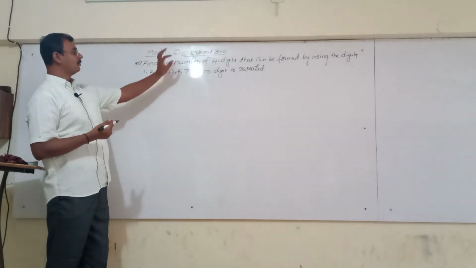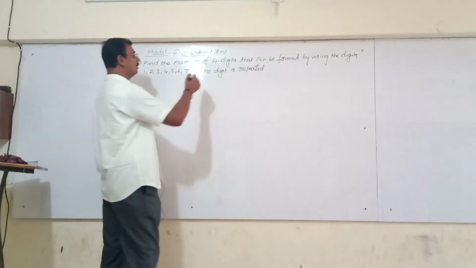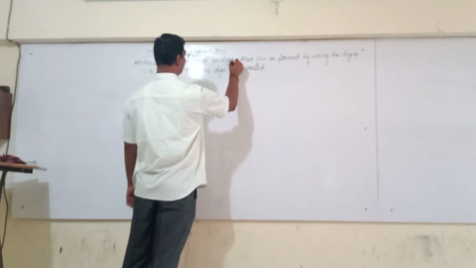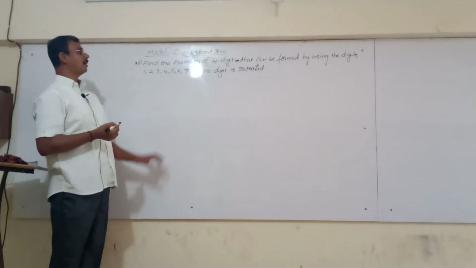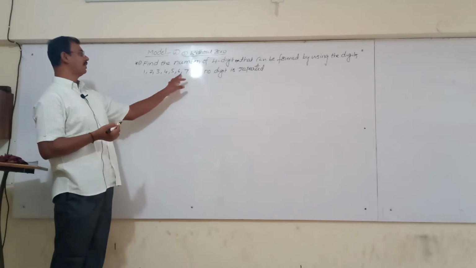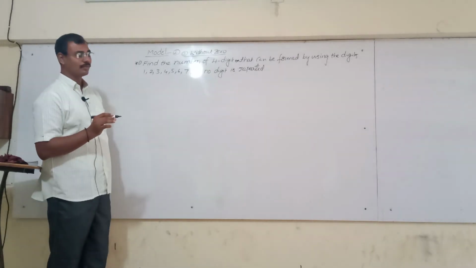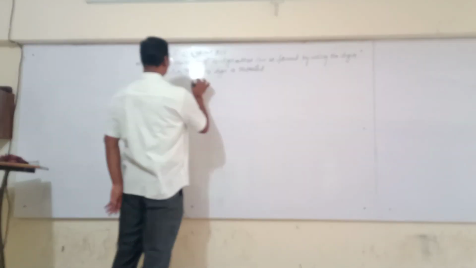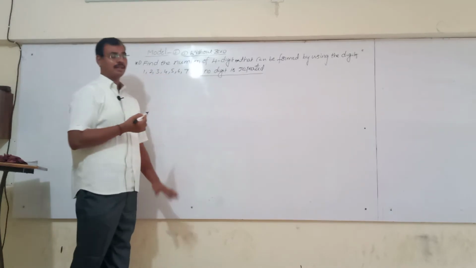Find the number of 4-digit numbers that can be formed using the digits 1, 2, 3, 4, 5, 6, 7 if no digit is repeated. Remember all of you, this is a very important condition.